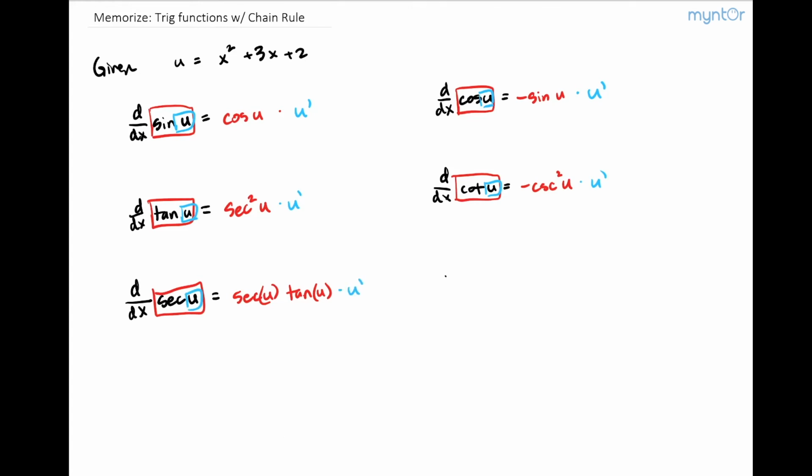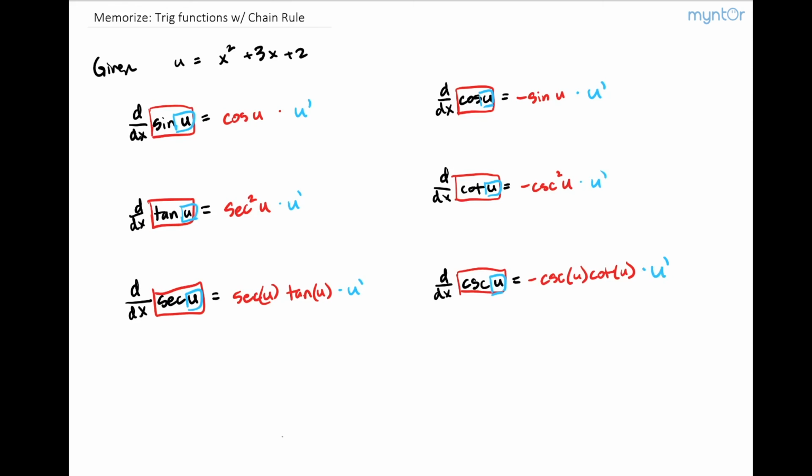And lastly, let's say we're taking the derivative of cosecant of our function u. This is going to be equal to the derivative of our outermost function, so negative cosecant of u times cotangent of u, times the derivative of our innermost function, u prime.